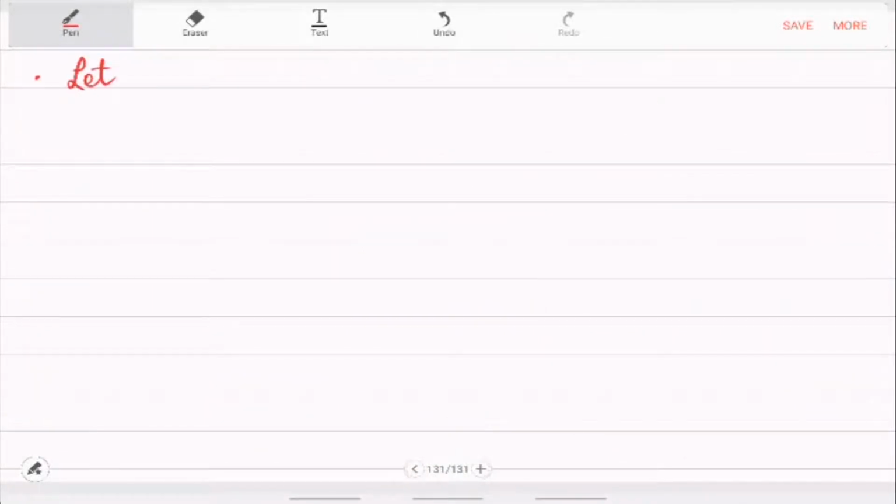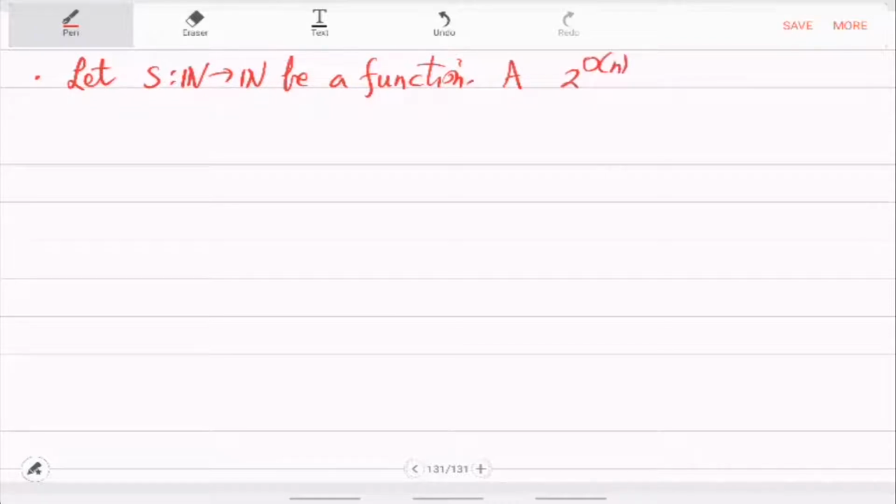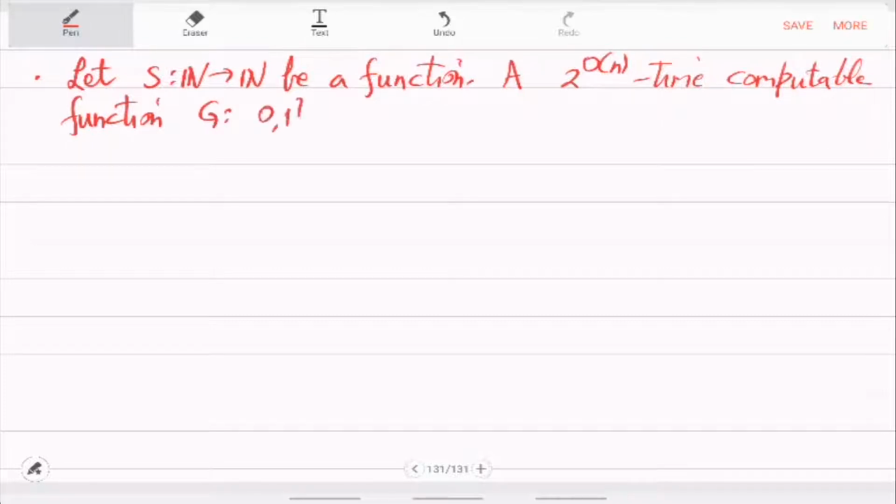So let S be a function, a 2 raised to n time computable function, G, it is multi-valued.